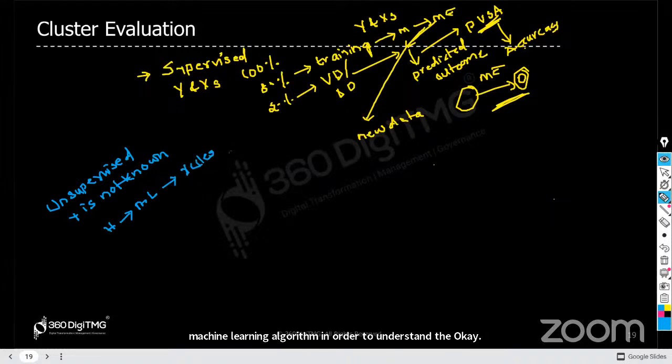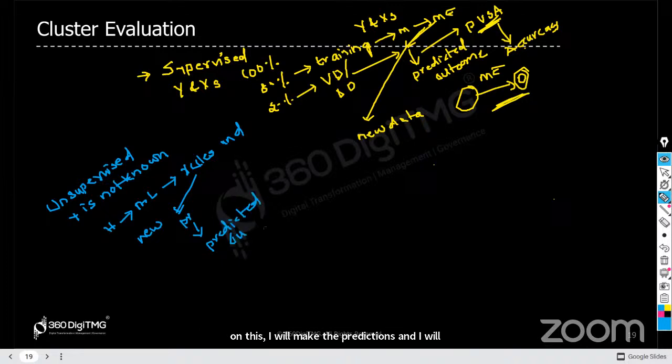Based on those rules and patterns, when I have new data, I can understand the outcome. This is unsupervised learning. Supervised learning is also called predictive modeling, and unsupervised learning is also called descriptive modeling.